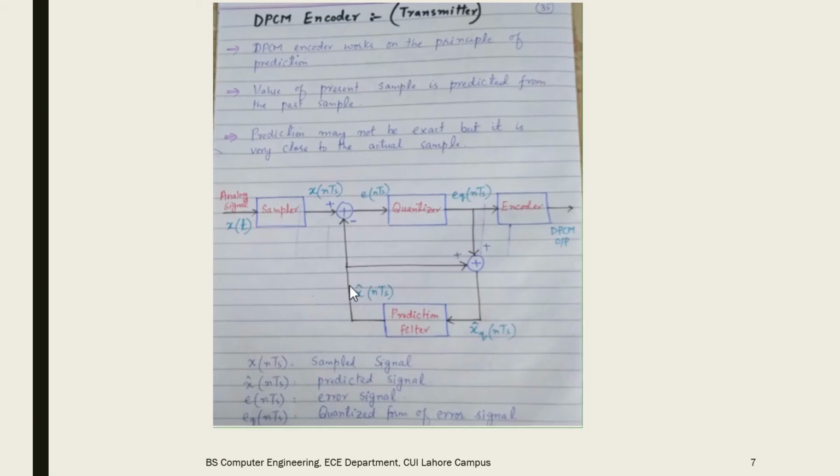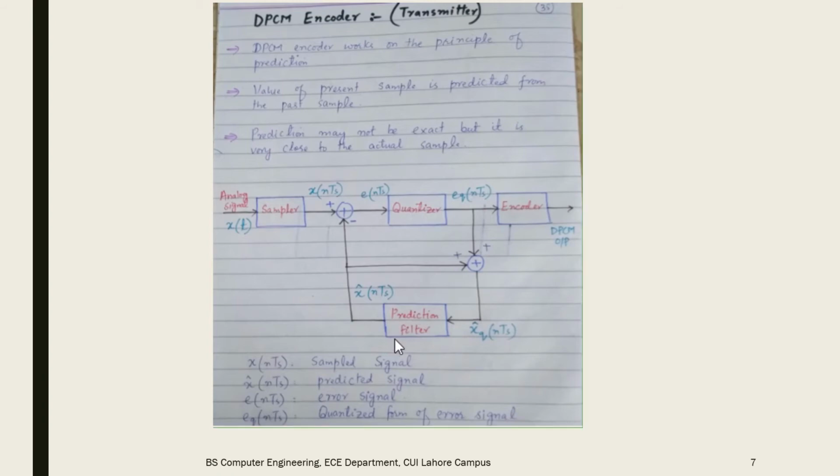This is the predicted value coming from the prediction filter. The comparator compares both of these values and gives the result, which is termed the error and is represented as e of nTs. Now this signal passes through the quantizer. It is quantized and represented as the quantized error, denoted as eq of nTs.